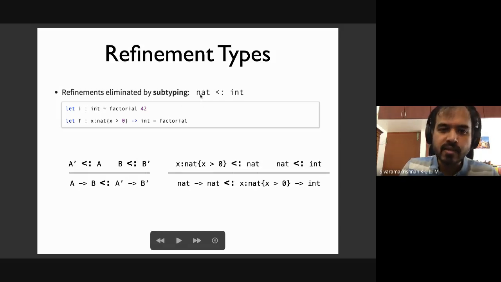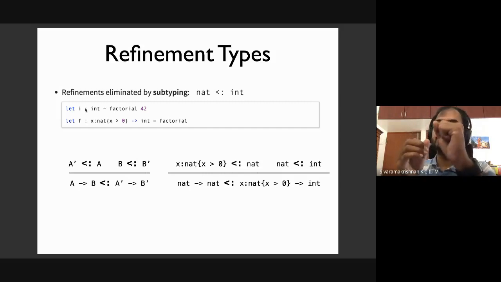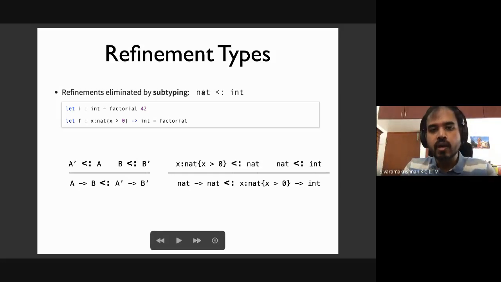Because of this subtyping relation, I can pretend that the value that I get is an integer, because natural number is a subtype of integer. I'm just claiming that I get something which is narrow, and I'm pretending that it's actually part of a wider type, which is true thanks to this subtyping relation.